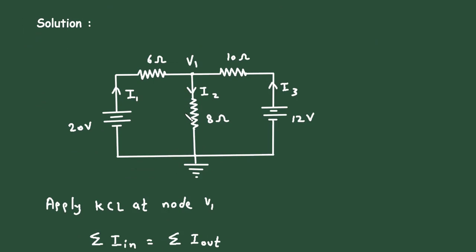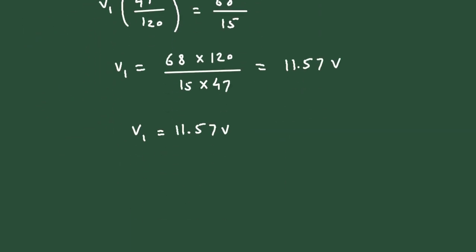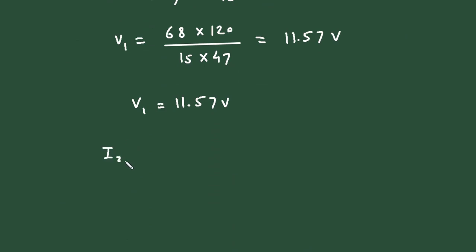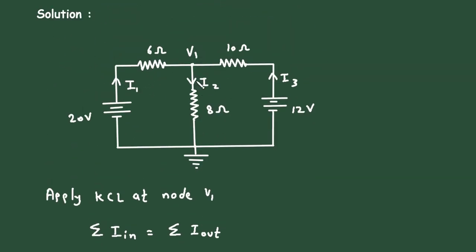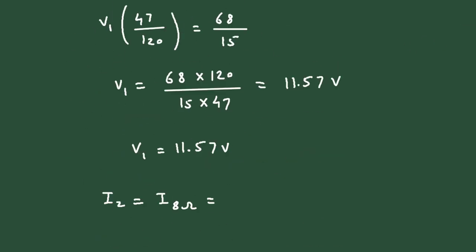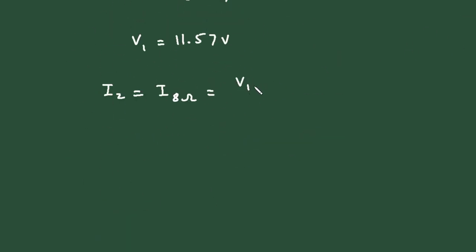The current through this 8 ohm resistance will be I2. Here we can write I2 is equal to I 8 ohm, which is V1 minus 0 divided by 8.